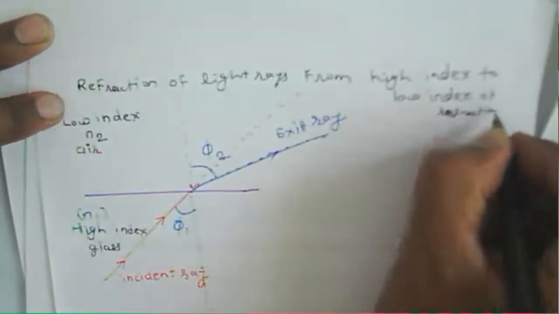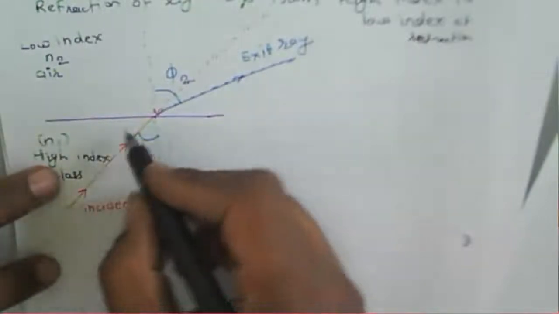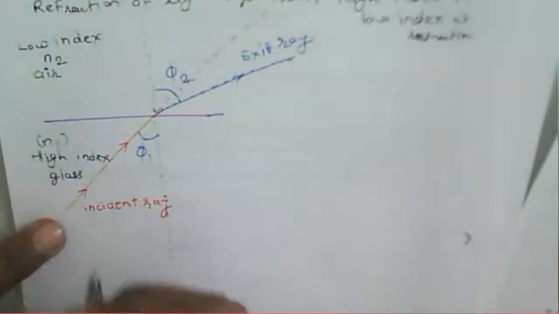It means you have a material with a high refractive index and the light is propagating to the low refractive index.